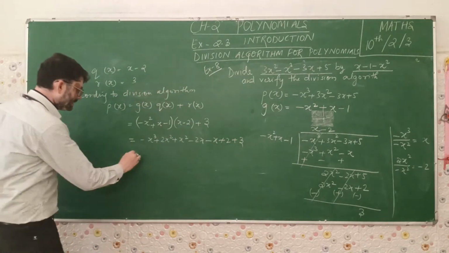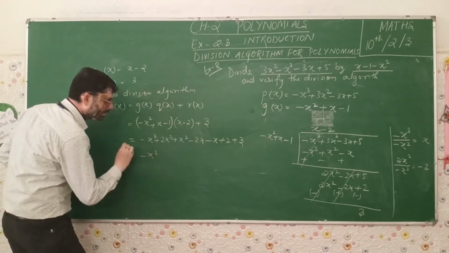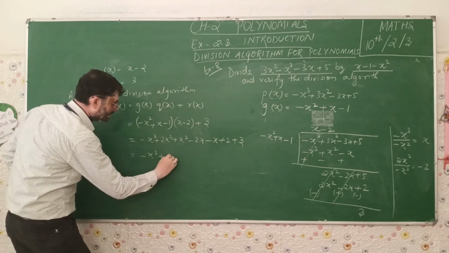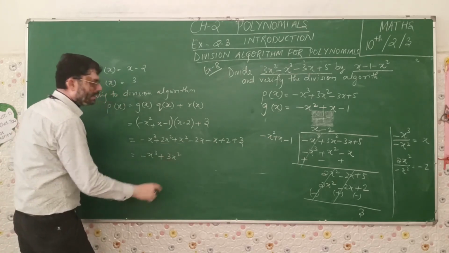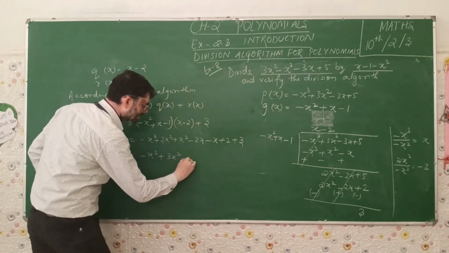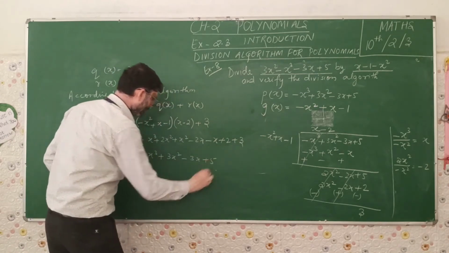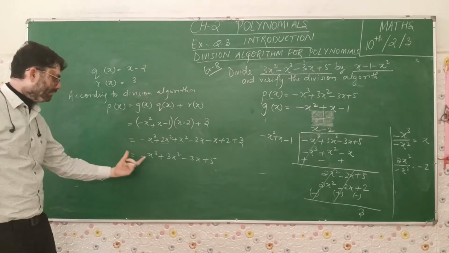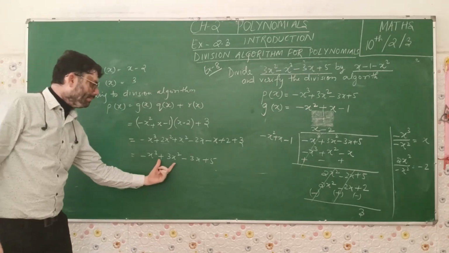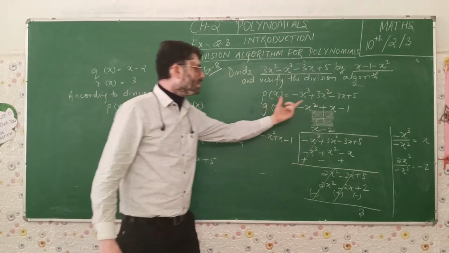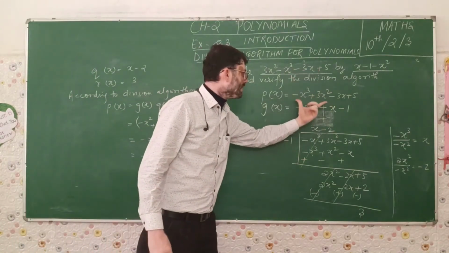So in the right terms this will be minus x cubed plus 2x squared plus x squared is plus 3x squared, minus 2x minus x is minus 3x, and plus 2 plus 3 is plus 5. We have got the value of P of x as minus x cubed plus 3x squared minus 3x plus 5, and this was actually the value that was given to us in the question as P of x.